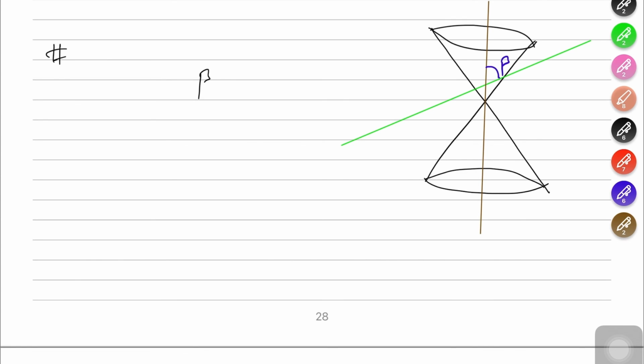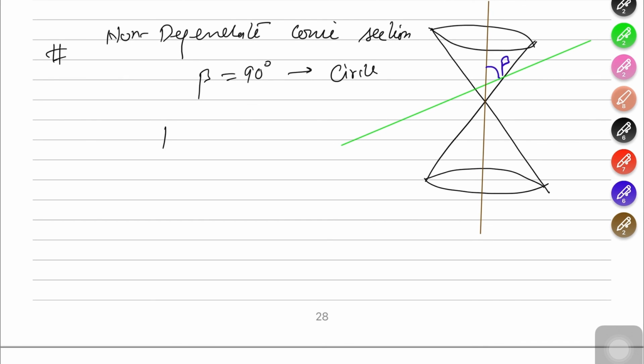So you observe that if beta is equal to 90 degrees, I am talking about the non-degenerate conic section, beta 90 degrees, we get a circle. Beta less than 90 degrees and greater than alpha, we get an ellipse.